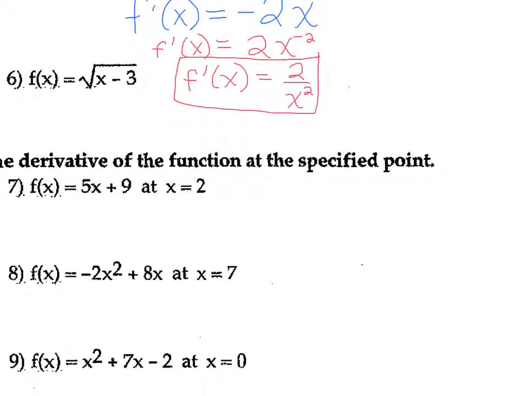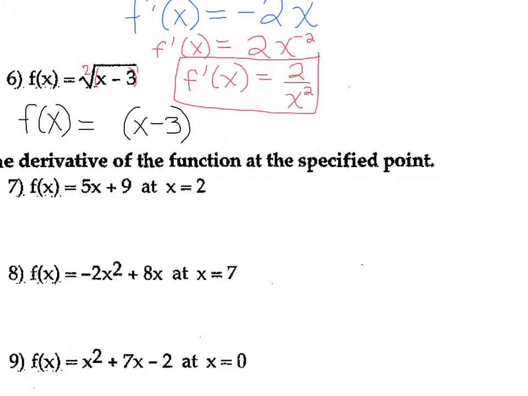Okay, so now for problem number 6, first of all, I need to rewrite that not with radicals. I need to have exponents. So the way you rewrite it is f of x equals the square root of x minus 3, and that square root is like having a 2 as a root, and it's like having this binomial raised to the first power.